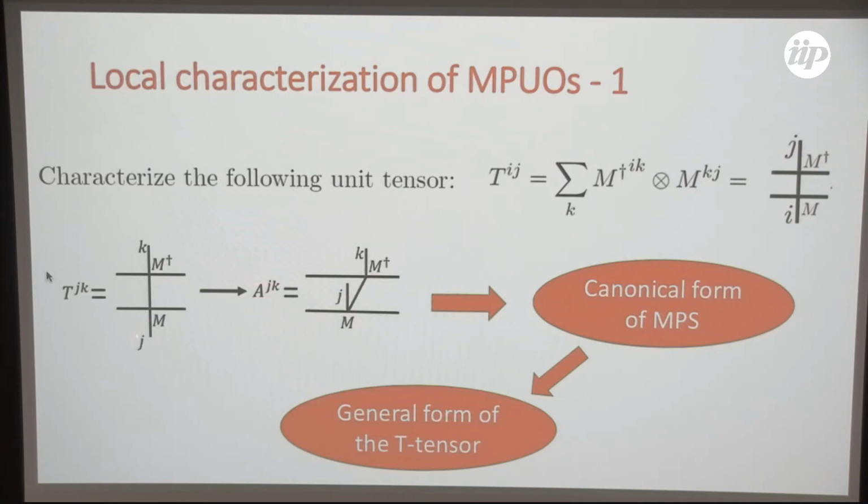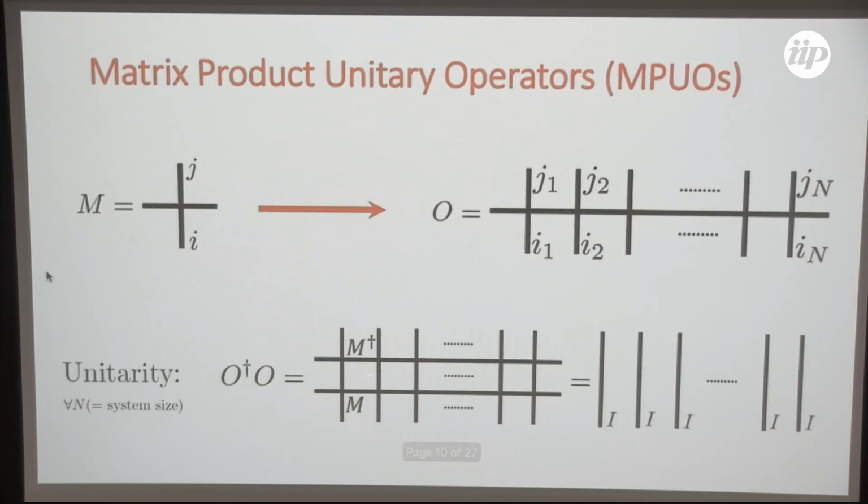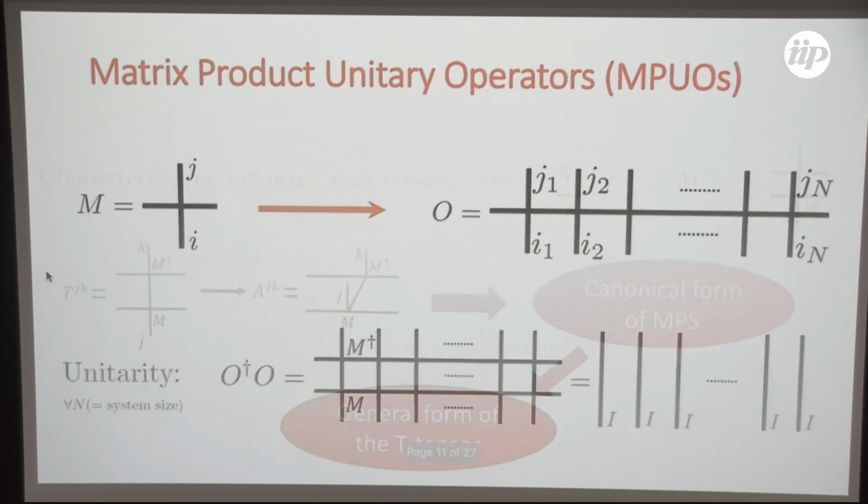We upgrade one of them, this bra, to a ket. So we say that this is actually a state. And if you look at it, this whole tensor network state, when you upgrade all these bras to kets, becomes a product state. So it's a very simple state.